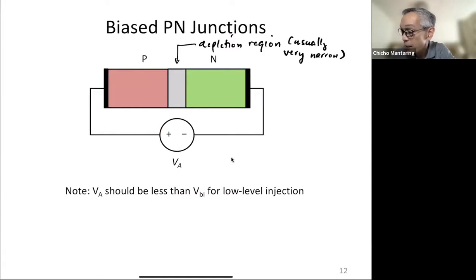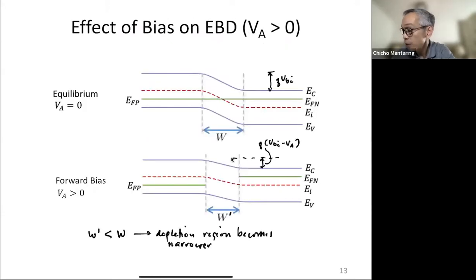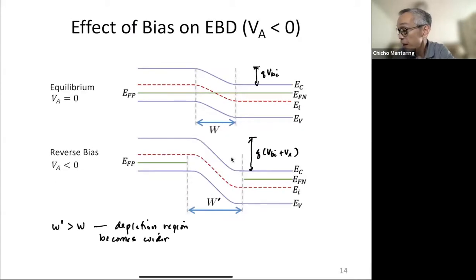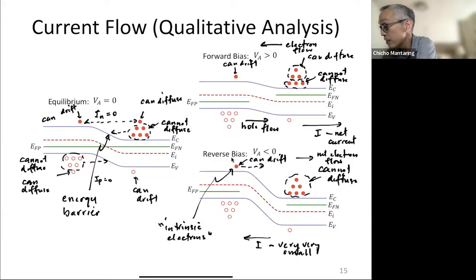If V sub A is positive, then you're making P positive with respect to N. So what happens in forward bias is this becomes smaller, and the width W becomes narrower. So the effect of that is this.